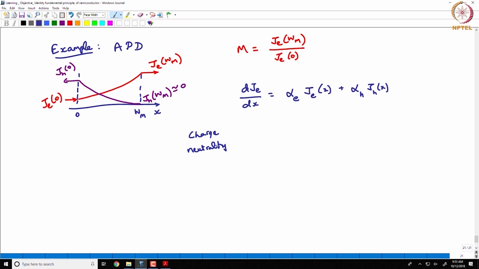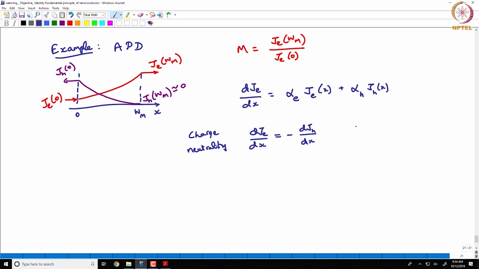If you have generated an electron, there is a corresponding hole also there. Okay. So I can just say that dJE over dx, the differential of that current density corresponding to the electron, is going to be minus dJH over dx, which is saying that electrons are moving one way, the holes are moving the opposite way, right? That is one condition.